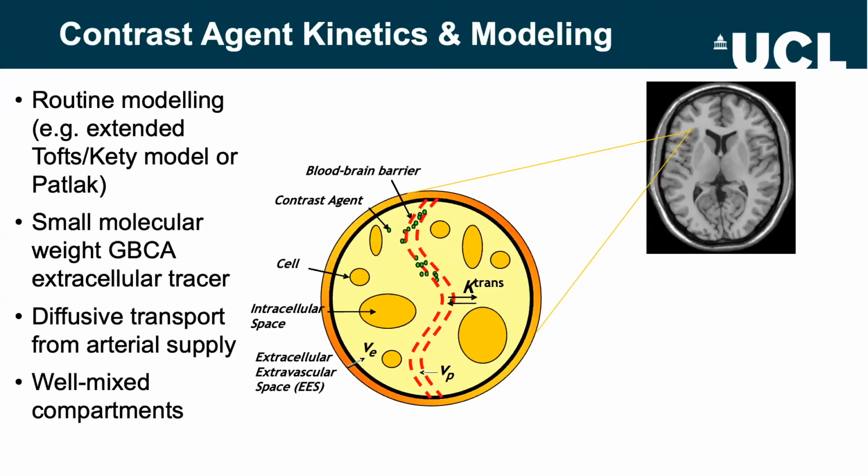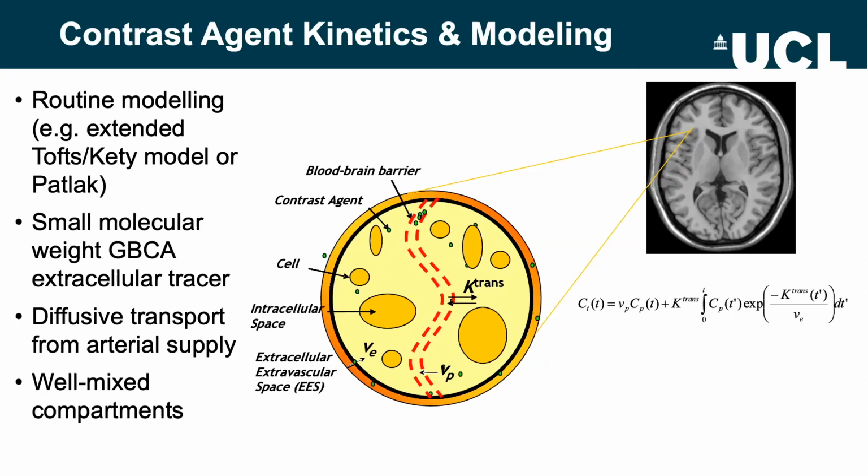And if we've got a leaky blood-brain barrier, we'll get a high value of K-trans. There'll be a lot of leakage of the contrast agent. And we can use this simple setup to construct a compartmental model. And the classic model, this extended Tofts model, can be expressed like this.